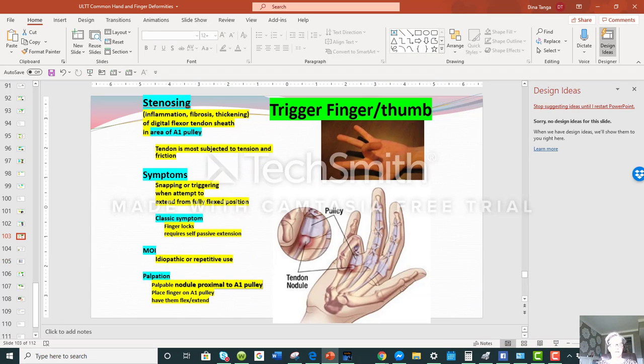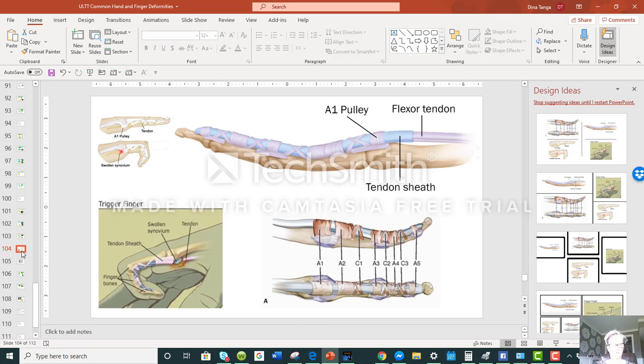Okay, so the area of the A1 pulley. Let's look at some pictures here. Here's the A1 pulley right here. So you've got proximal, middle, distal phalanges, and the metacarpal.